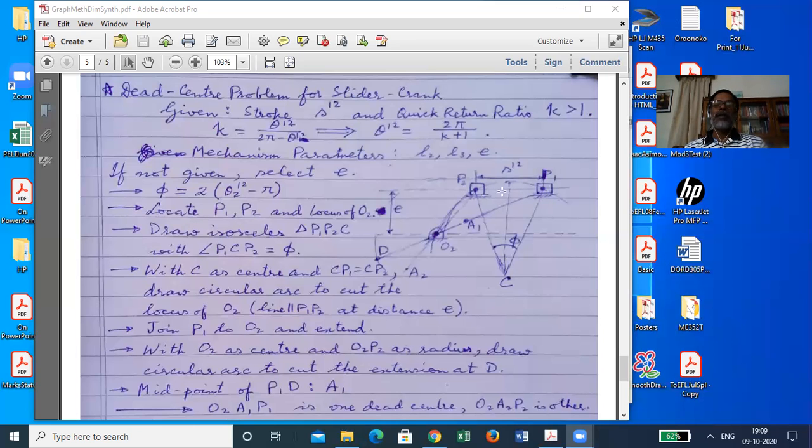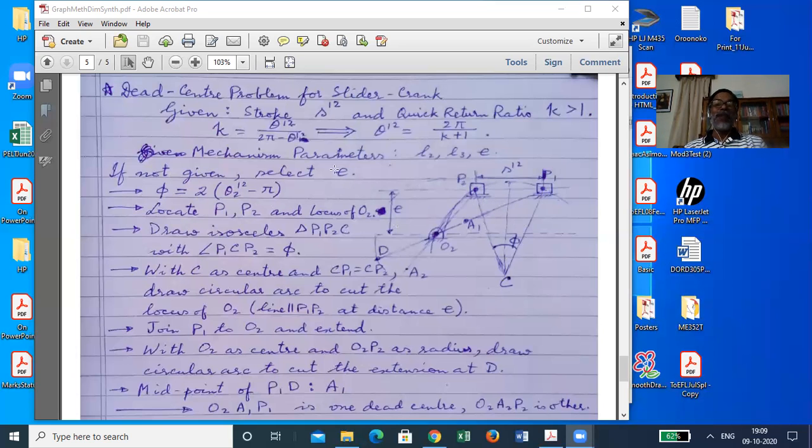And since it is isosceles, these two will be the same. So basically you do pi minus phi by 2. With that, whatever angle comes, you make that angle here and here, and that's it. And if you do that, then you don't have to do the perpendicular bisector either.